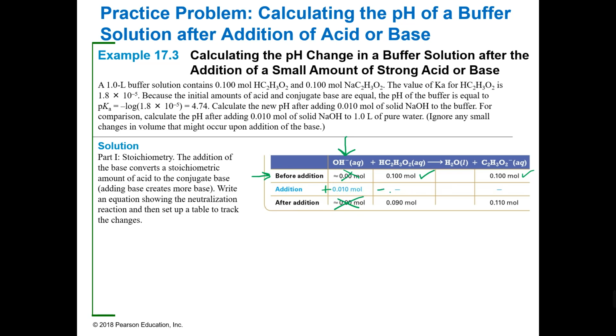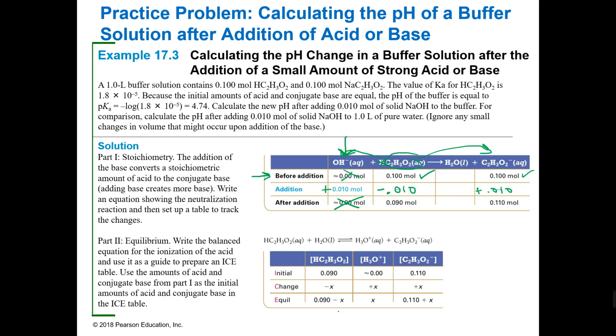So what that means is 0.010 moles of the acetic acid is used up. That also means if it's used up, this is neutralizing that. So that means I've added now 0.010 moles of the acetate anion.